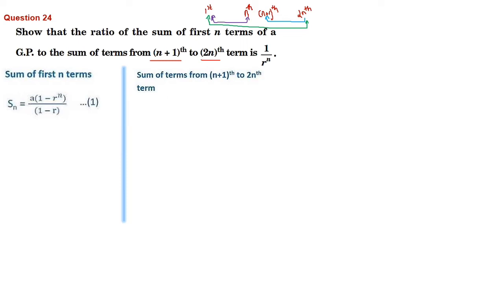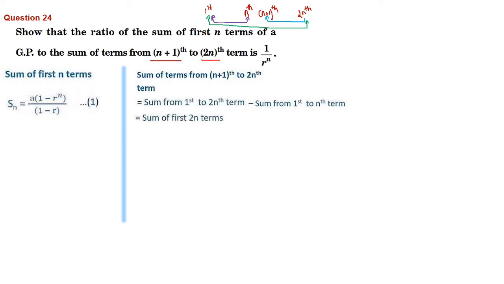Once again, first to 2n is the total we will be taking. From that total, if you remove first to nth, we will be getting this. That is what I am going to write: sum from first to 2nth term minus sum of first to nth term, then we will be getting (n+1)th to 2nth term.